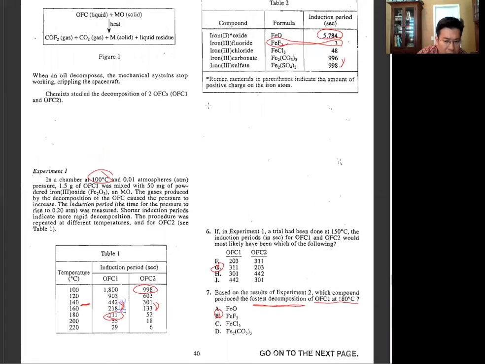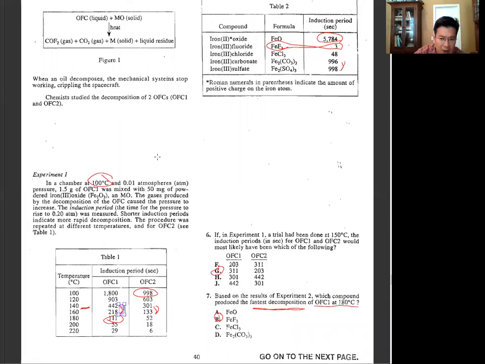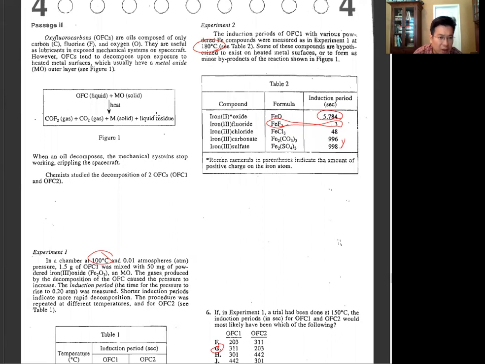Then we have to understand the meaning of the question, the relationship between pressure and induction time. This is sort of common sense that I can use, or you can read through to find the pressure and everything.